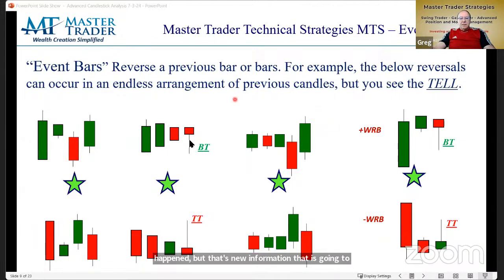So these are different examples of what I'm talking about, and we call them events. It's just something that's like, wow, here it went down. It was closing relatively near the low. The next day it gapped up and it closed here. This is a powerful combination of candles.